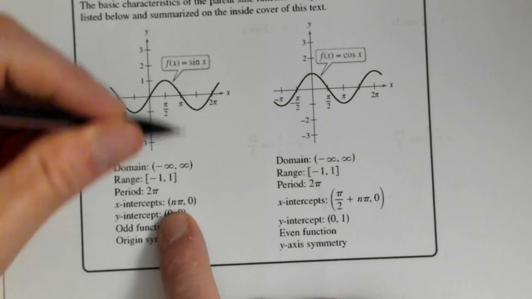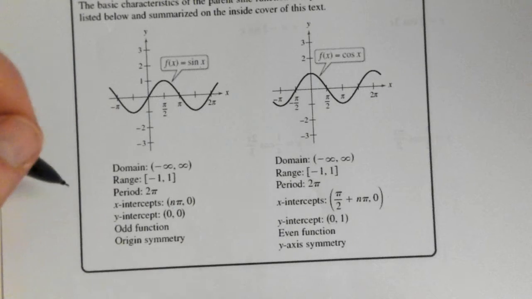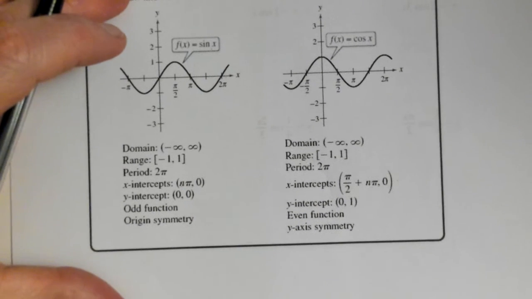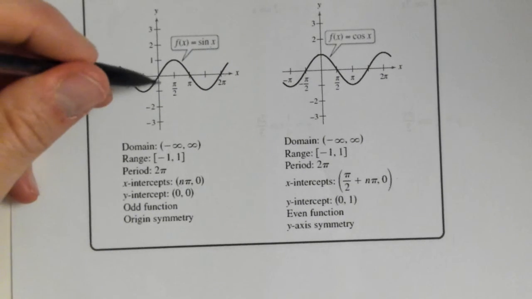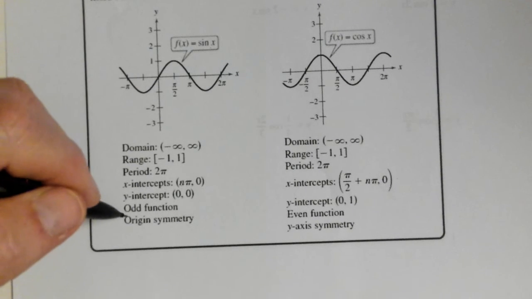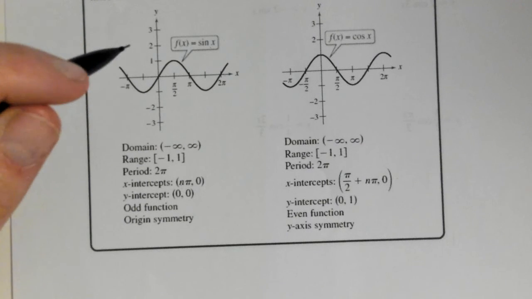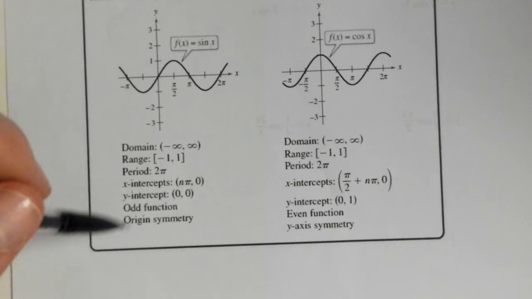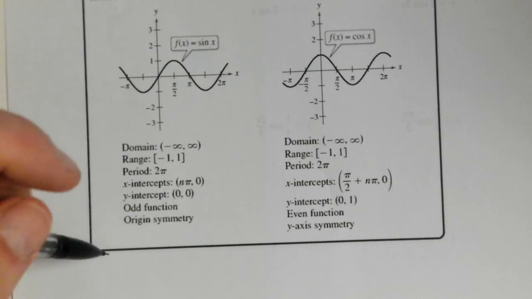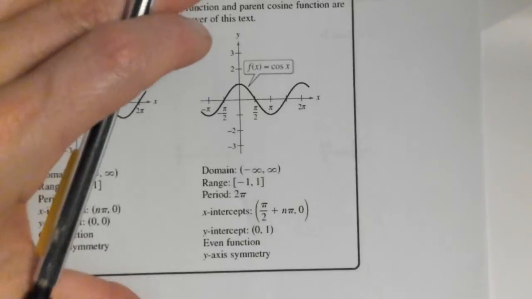I could plug in 1, 2 pi, 3 pi, 4 pi, 5 pi, and so on, and that is where it hits the x-axis. Now there's just one y-intercept, and that's at 0, 0. And sine is an odd function because it has origin symmetry. Of course, there's an algebraic definition for odd function that you can go back and look up from last semester if you need to.